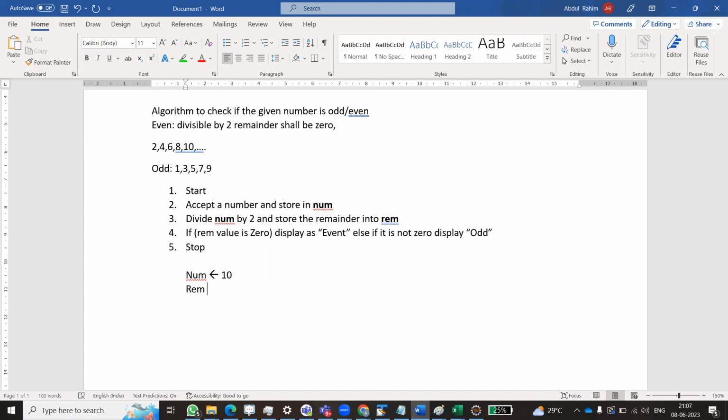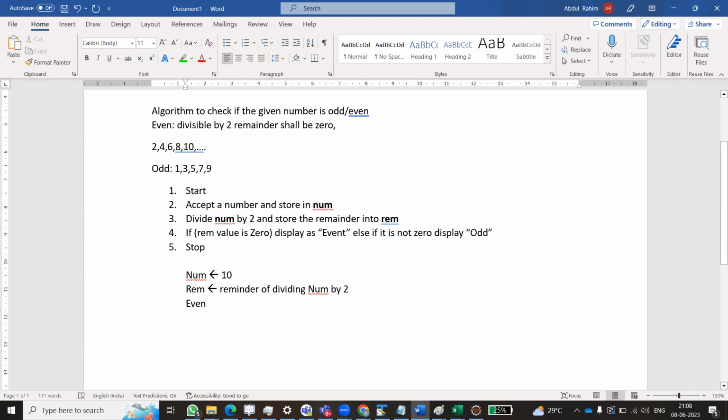I am saying rem value is the remainder of dividing num by 2. So if I divide, what will be the value of rem in this case? It will be 0, right? So what will be the output? It will be even.